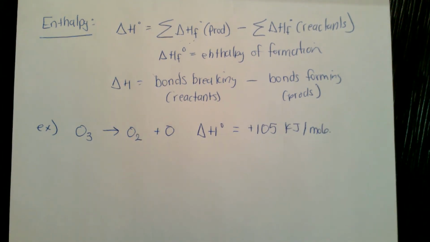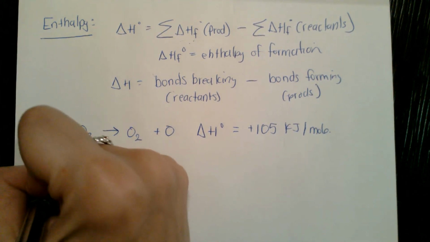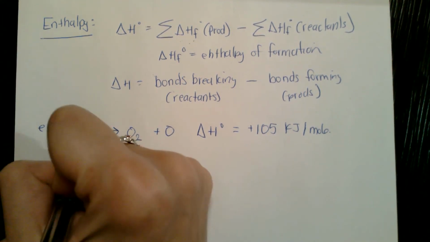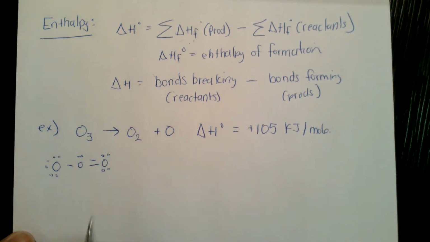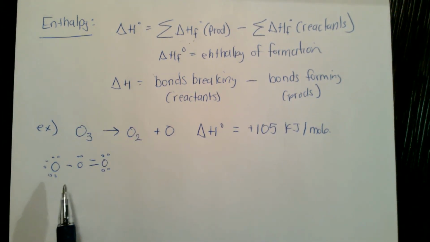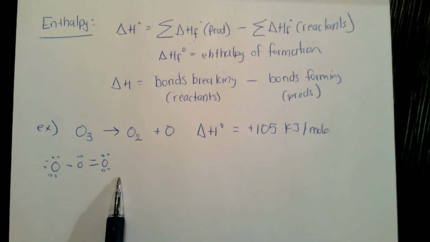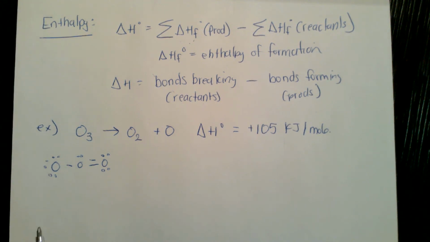Let's take a look at what's happening. Ozone, excuse me, is 3 oxygens. If we look at the Lewis structure for ozone, we have a central oxygen with 1 lone pair, double bonded to an oxygen with 2 lone pair, and single bonded to an oxygen with 3 lone pair.